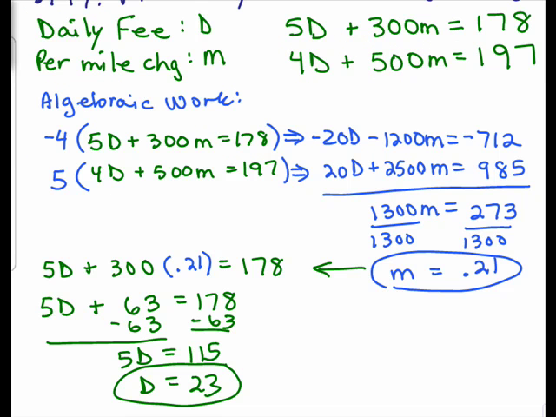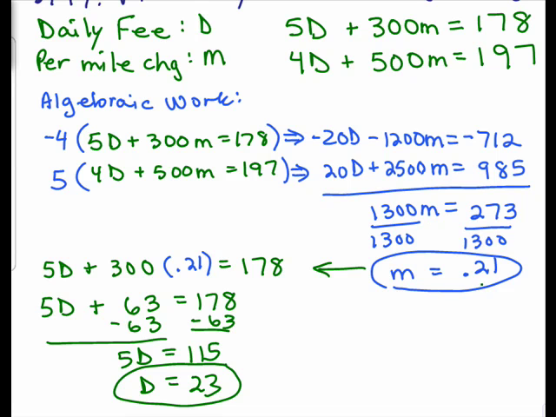Okay, all of the algebraic work that I did to solve this problem is shown. So I chose to have the D terms cancel out, so I multiplied the top by -4 and the bottom by 5, getting these two new equations, then adding together, being very careful of your positive negative signs. You could certainly use a calculator. I got M equals 0.21.